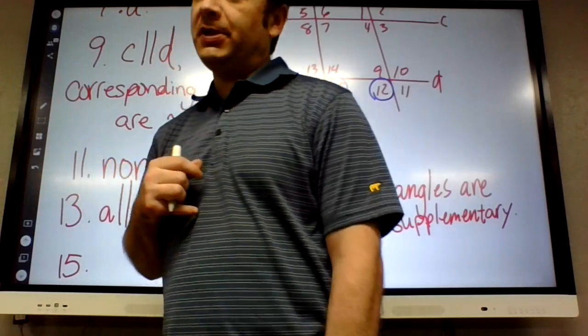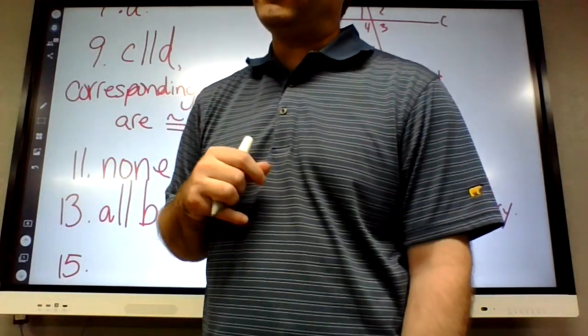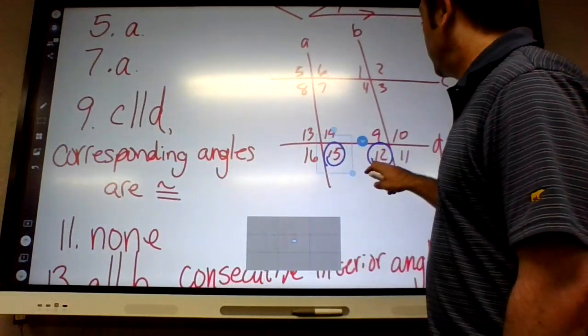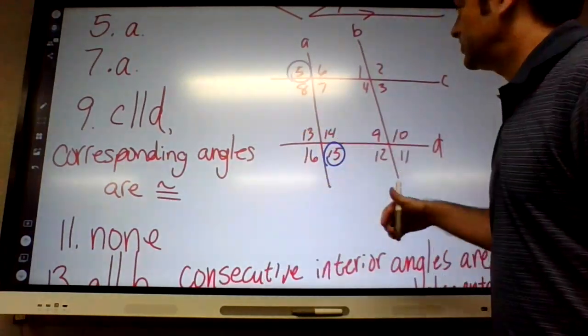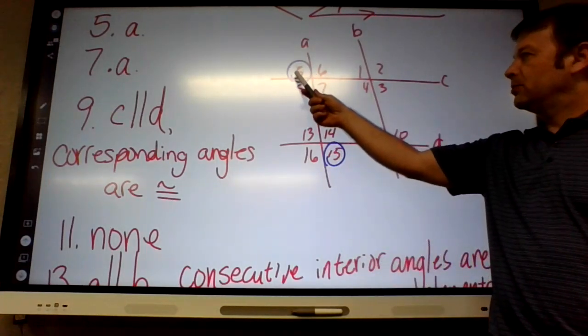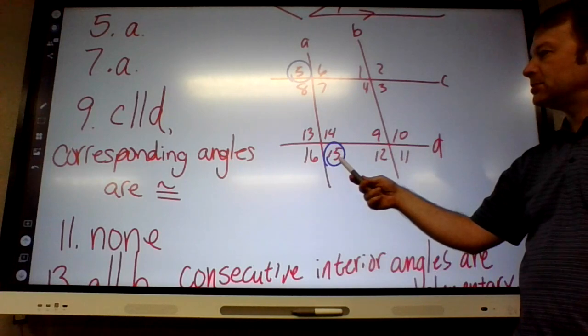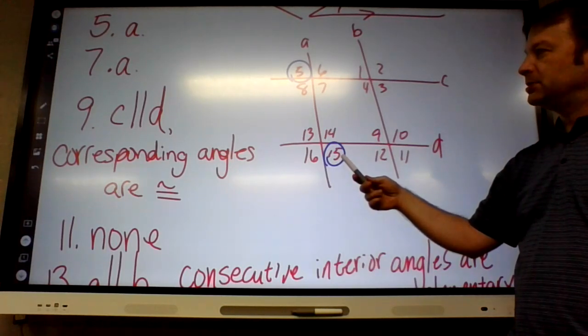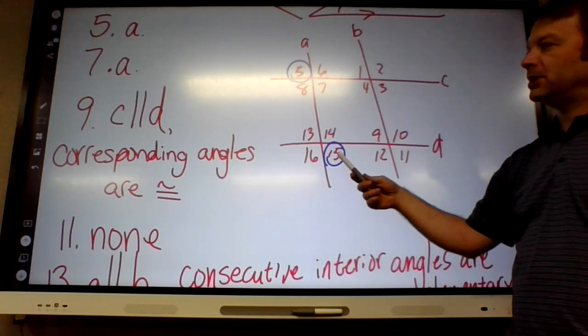Okay, and then 15, the last one of these, is angle 5 and 15. What kind of angles are these? Alternate exterior. Are they supposed to be congruent? Yes.